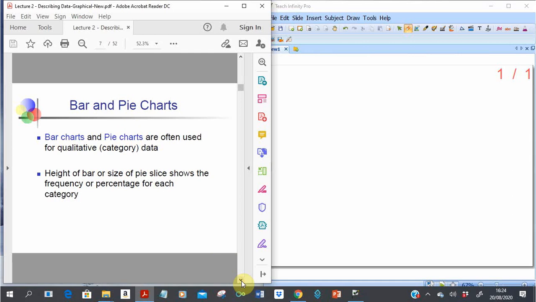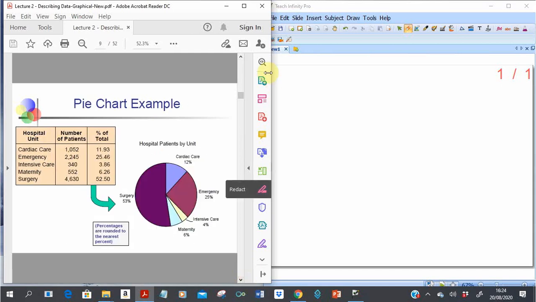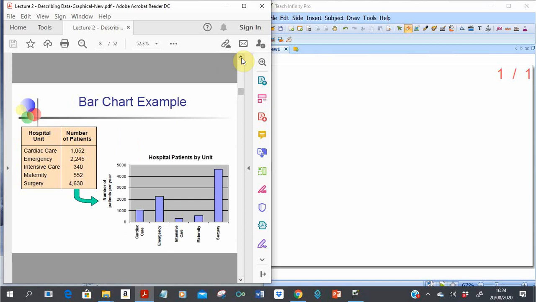Okay, so for graphing, we use bar charts and pie charts. Actually, the height of the bars just represents the frequency or percentage of the category. This is how we can represent our frequency distribution table of categorical data into a bar chart.